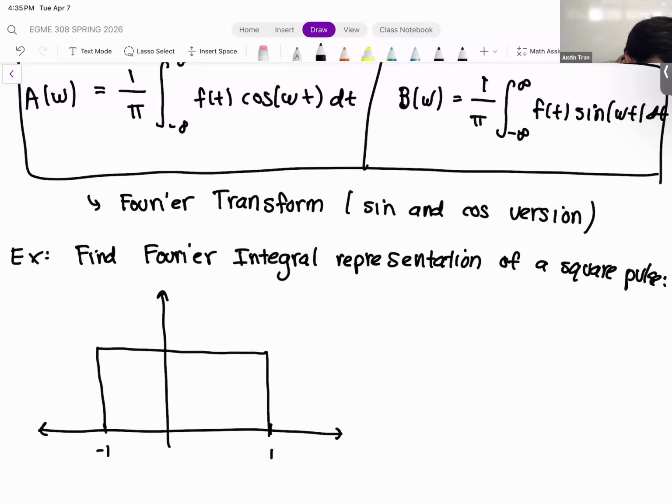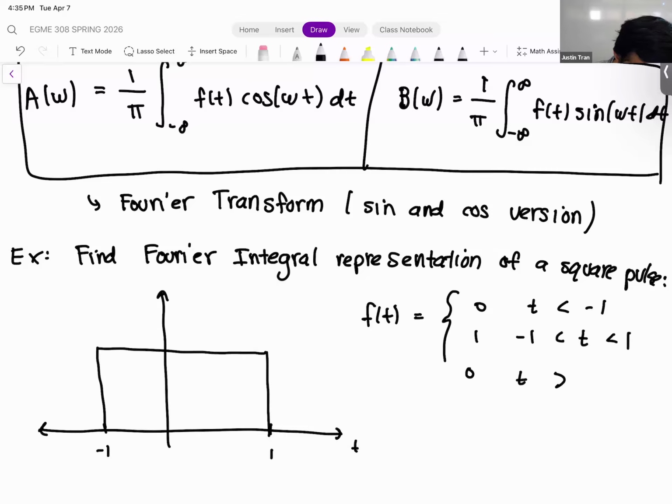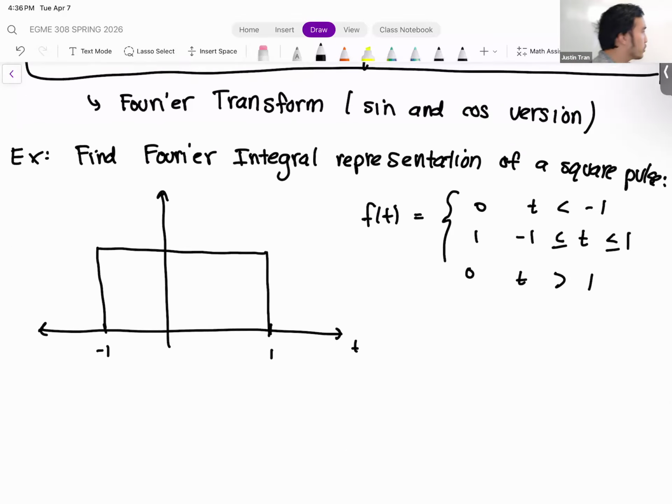Okay. So mathematically, we can say that f of t is equal to 0 when t is less than -1. It's going to be equal to 1 when t is between -1 and 1. And we can say that f of t has a value of 0 at all values of t greater than 1. Okay, so we want to find the Fourier integral representation.